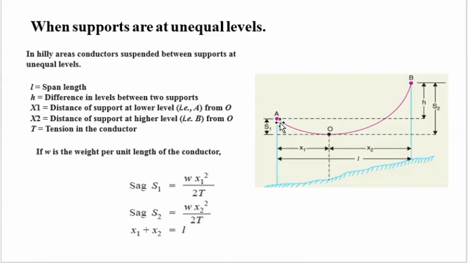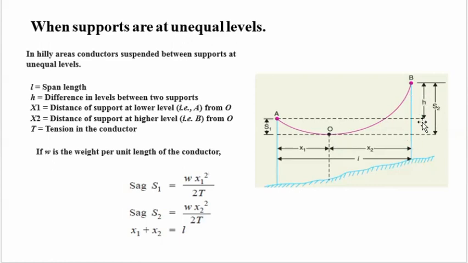Here you can see in the figure, this A is at lower end and B is at higher end, and the lowest most point on the line is near to the A, and it is denoted by point O. H1 is distance of O to A, and H2 is distance of point O to point B.